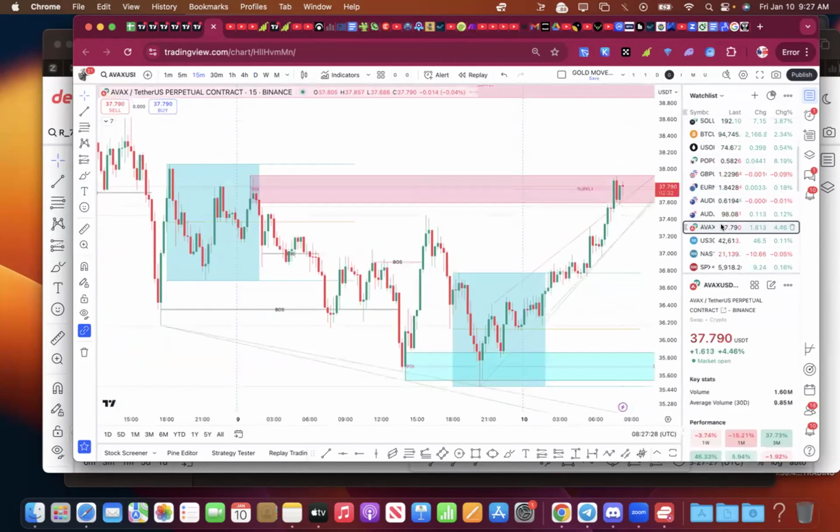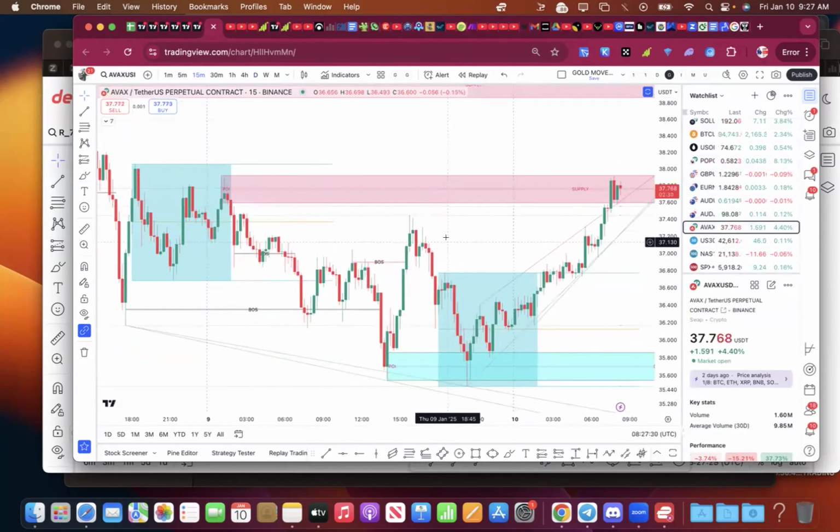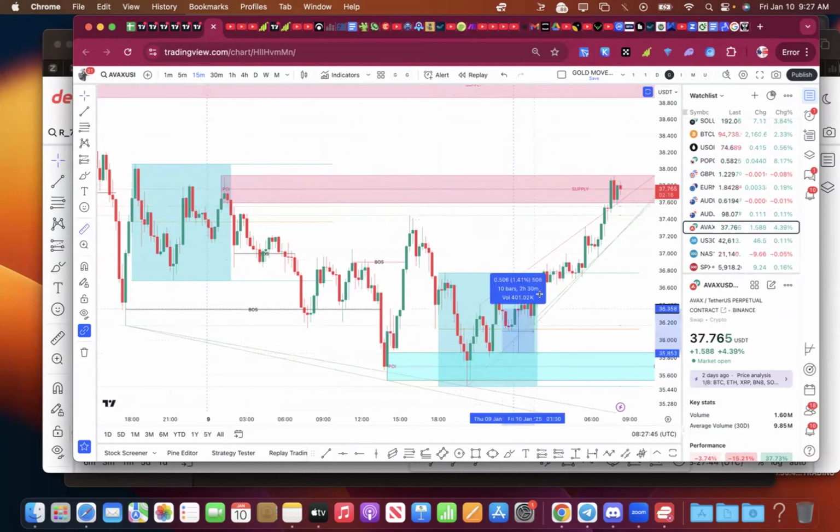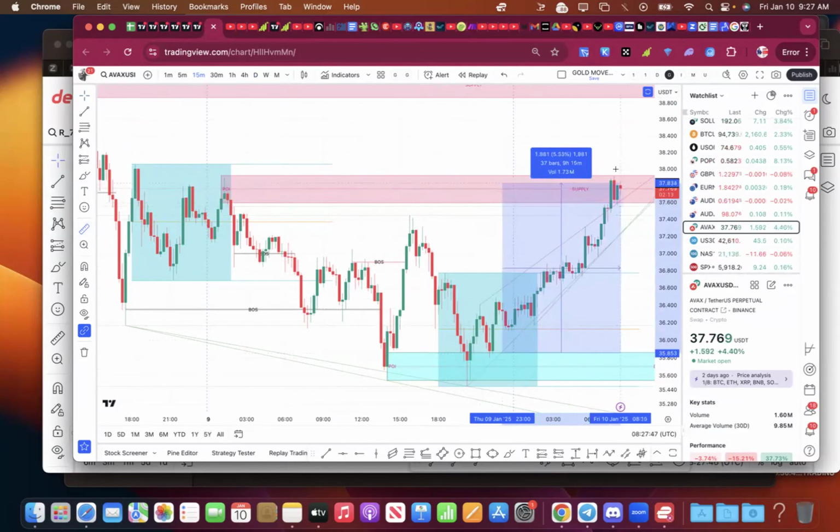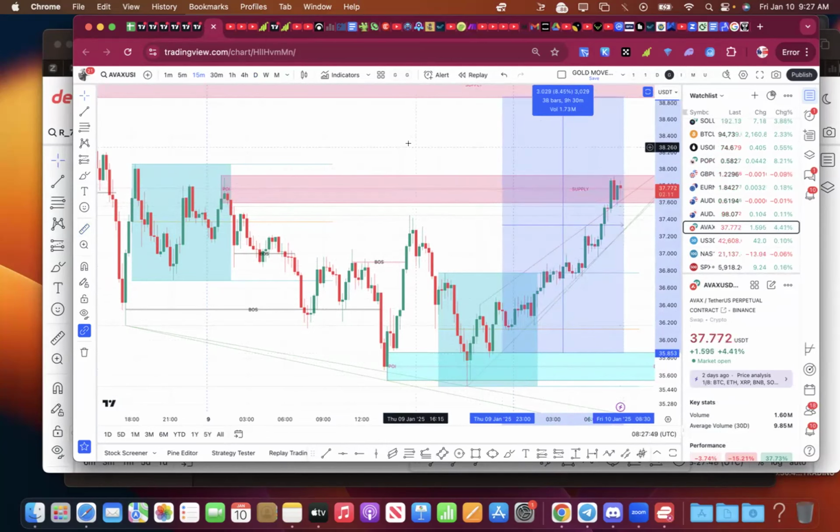Let's look at AVAX, for instance, and I'm using my robotic tool. I trade from demand zone to supply zone. When I measure from here to here, it comes about 4% plus, and to this point, it's about 8%.